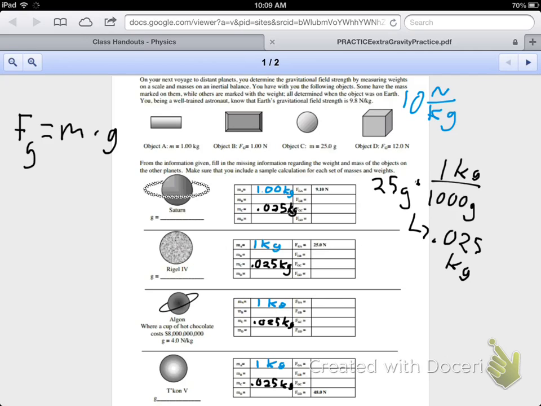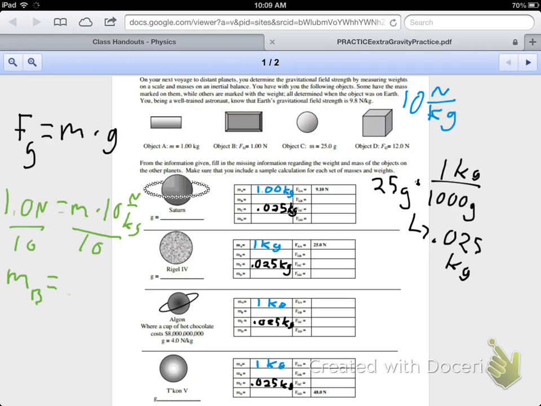And we want to know what the mass is for object B, what the mass is for object D. So we'll go ahead and start with object B, which is 1 newton. That's going to equal the mass times 10 newtons per kilogram. Divide by 10.